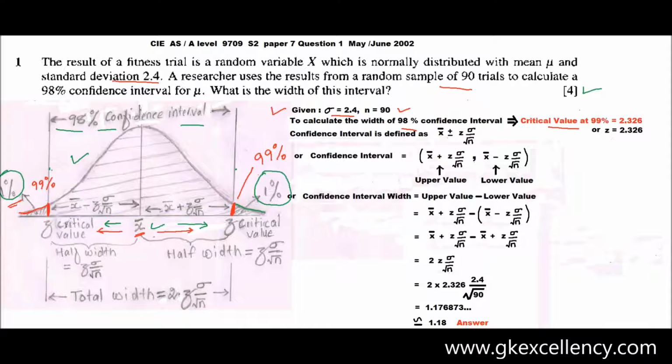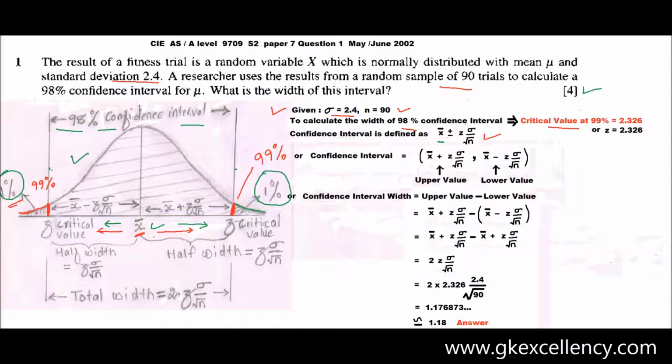As we know, the formula of the confidence interval is x bar plus or minus z into sigma upon square root of n.